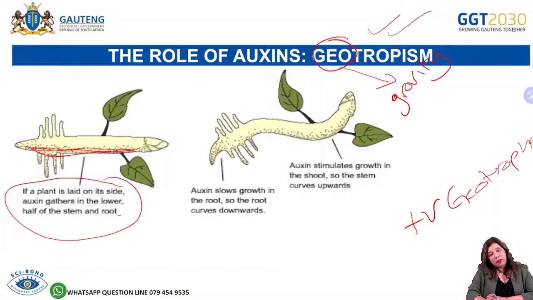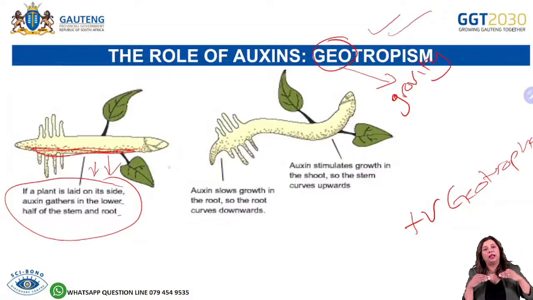We're going to go very quickly because we've discussed the principles already. The force of gravity pulls on the auxins, and the auxins gather at the bottom. And what happens as a result? The root continues to grow downward, but because the auxins are gathered here, the auxin slows down growth in the root, so the root curves downwards.